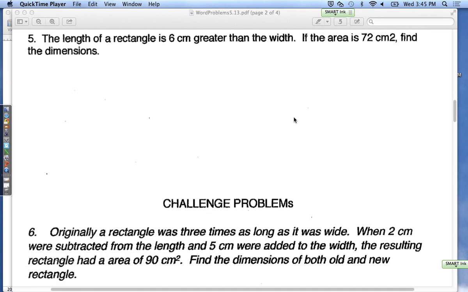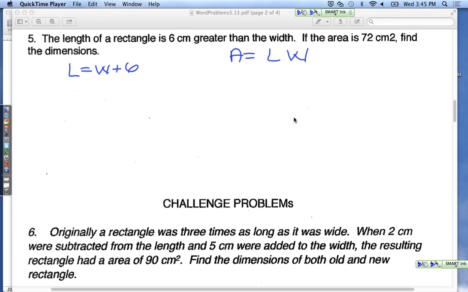Number 5, the length of a rectangle is 6 meters greater than its width. So the length is the width plus 6. The area is 72, so you're asked to find the dimensions. So the formula for area is length times width.